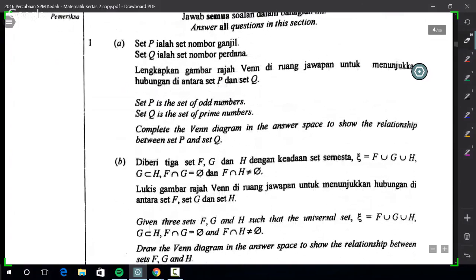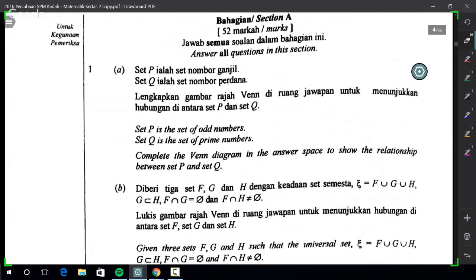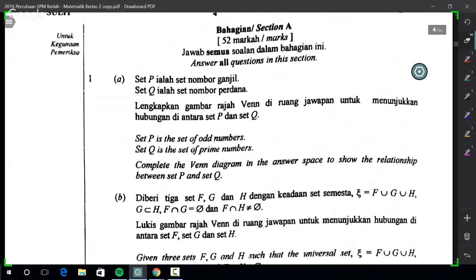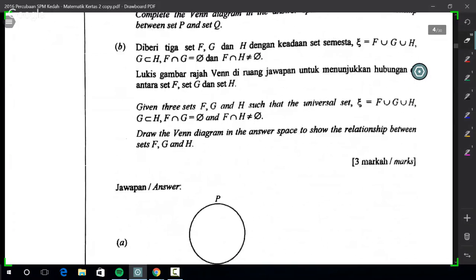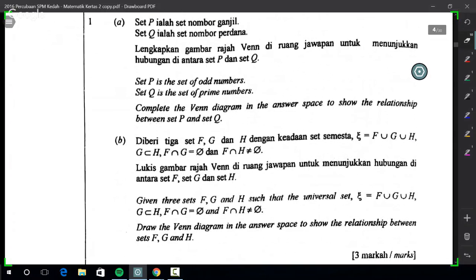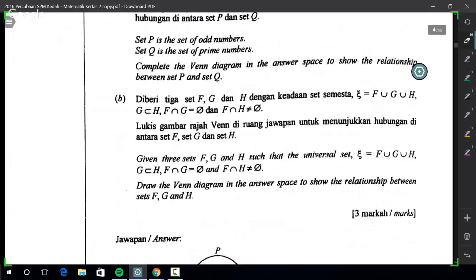Complete the Venn diagram in the answer space to show the relationship between set P and set Q. The question basically asks you to draw it.